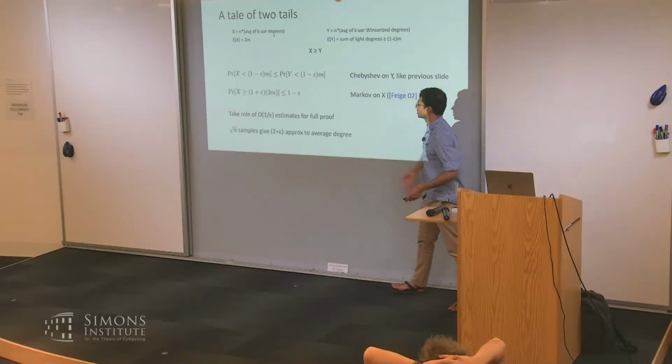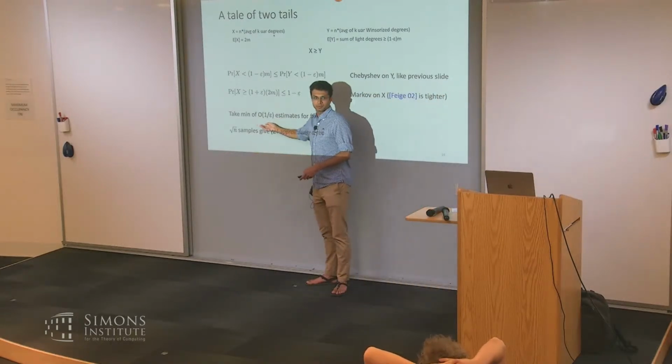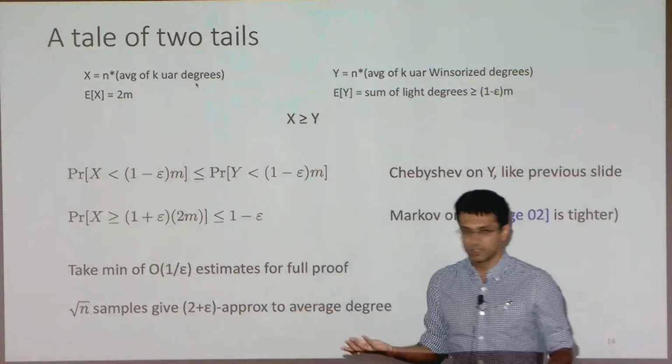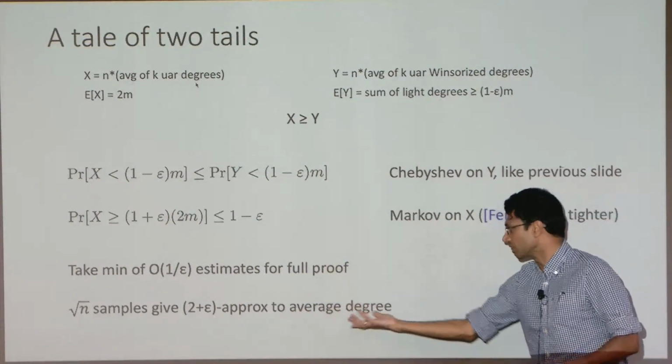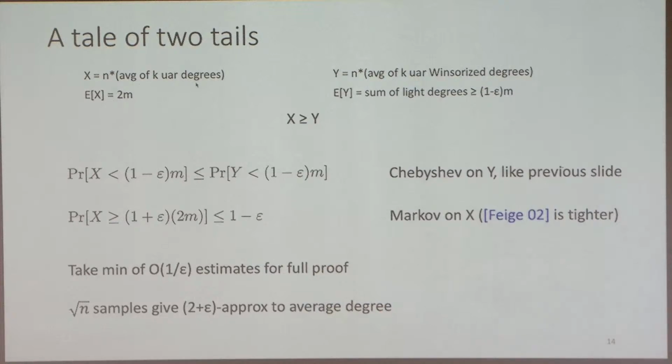So what you can do is take the min of O(1/epsilon) estimates, then you get concentration. And so in root n samples, you get a 2 approximation of the average degree. You can work out the details. It's not much left. It's basically Chebyshev once you do this heavy and light partitioning. Right? That's the trick.